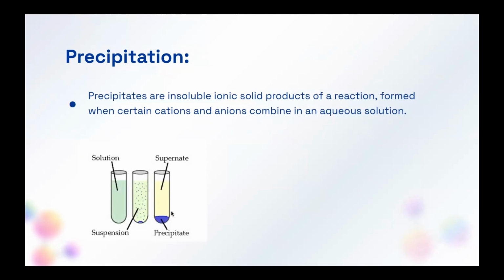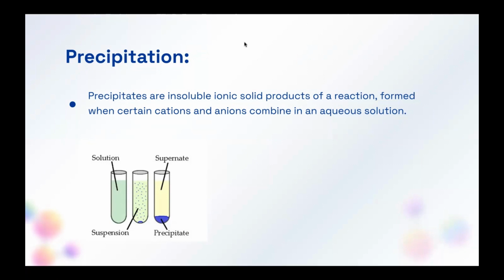So here's the diagram of how a precipitate forms in a solution. First, this is the aqueous solution, the green one on the far left. And then it will have suspension, and then it will have the supernatant fluid and the precipitate collecting at the bottom. This is just a simple diagram of a precipitate.